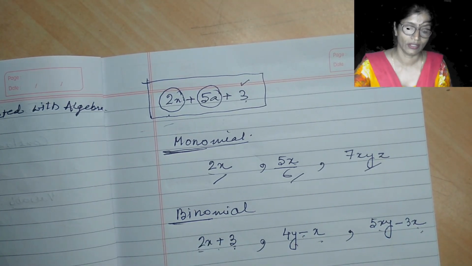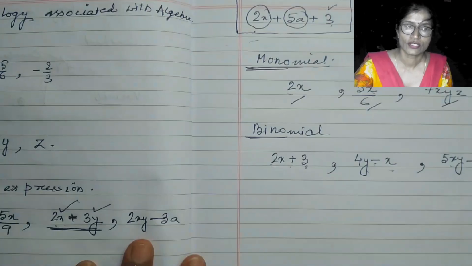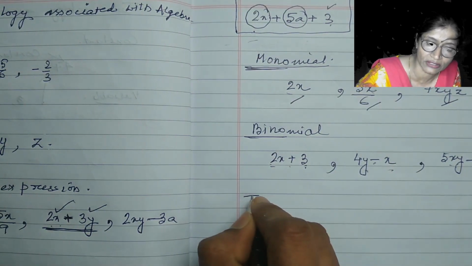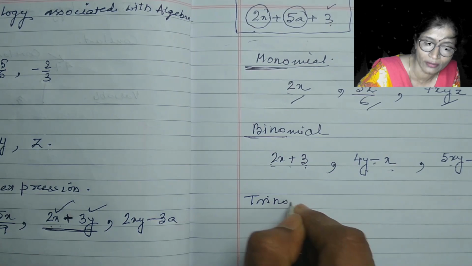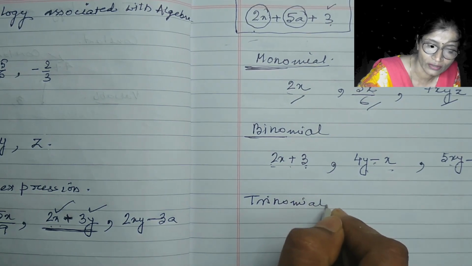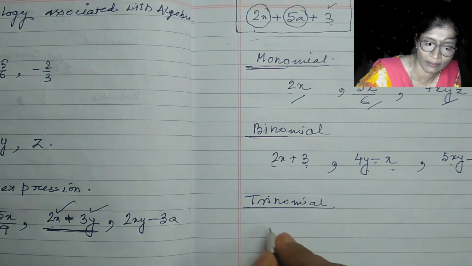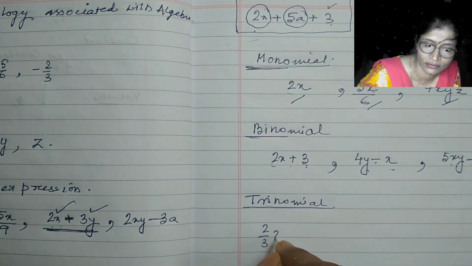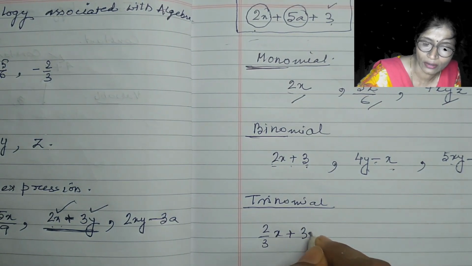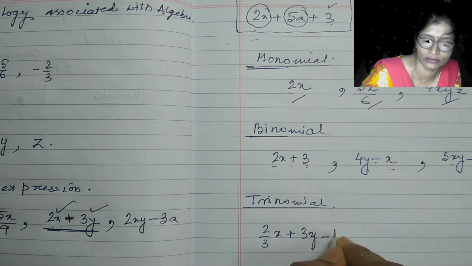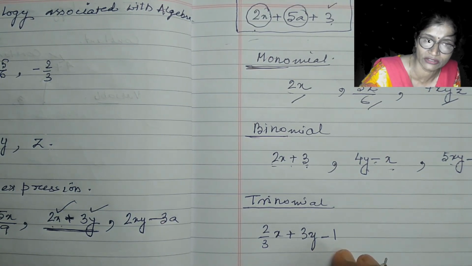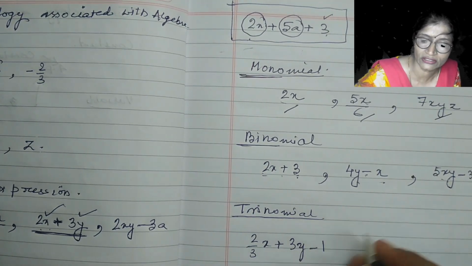Trinomial, tri means 3. So trinomial means 3 terms are there. For example, I write 2 by 3x plus 3y minus 1. So here 1, 2, 3 terms are there, so that is a trinomial.